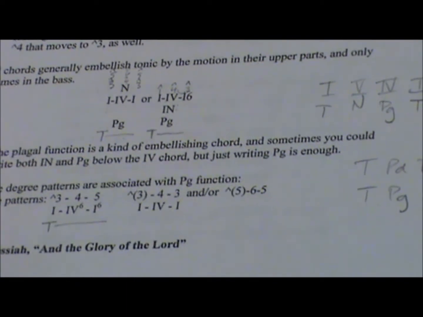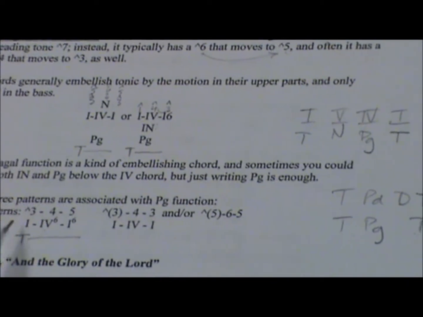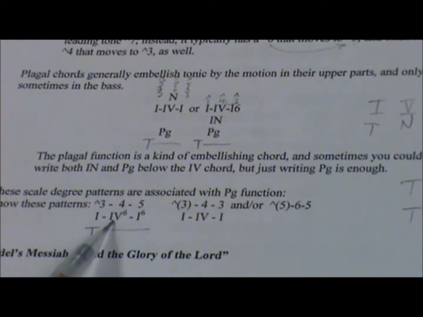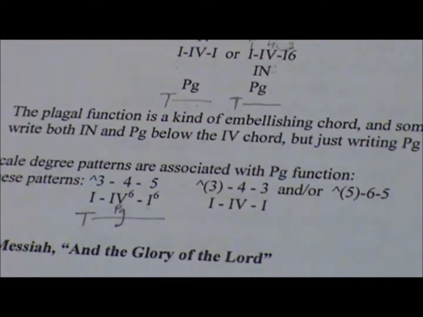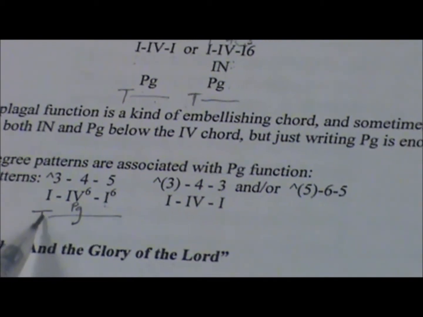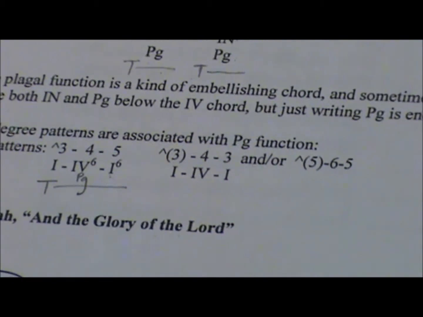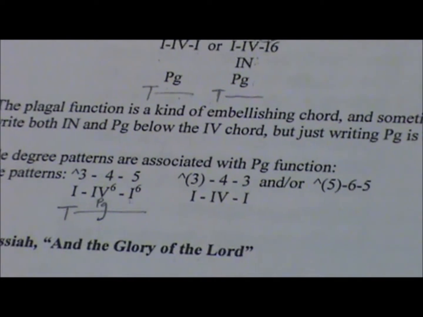This top voice motion often goes with this chord progression: 1, 4, 6, 1, 6. Write Plagal there under the 4, 6, show that it leads you back to the tonic. And write tonic down below to show that the main chord, the more stable thing in this pattern, is the 1.